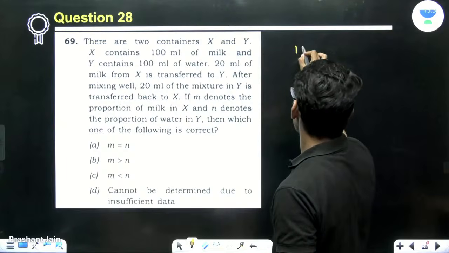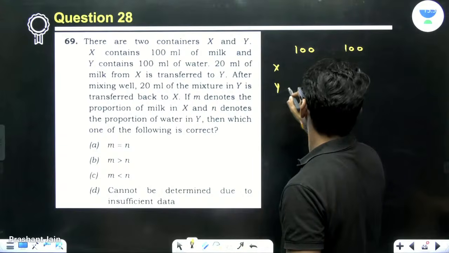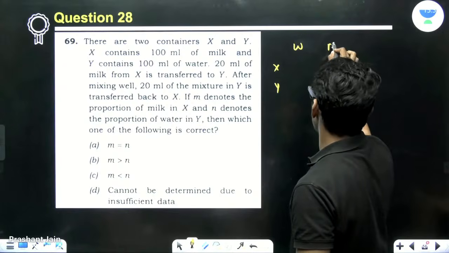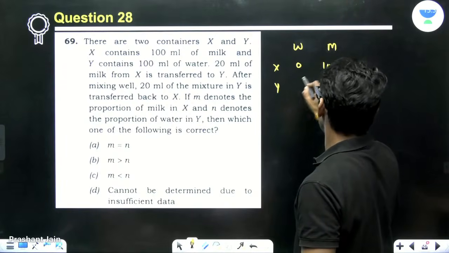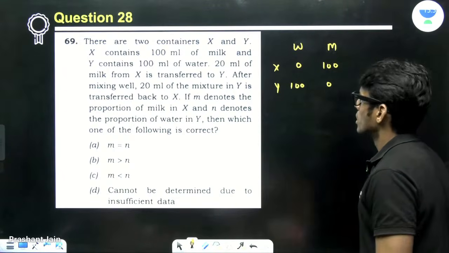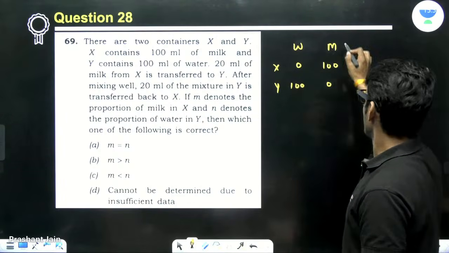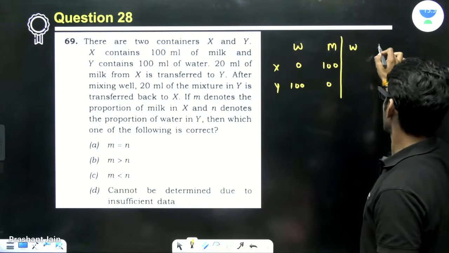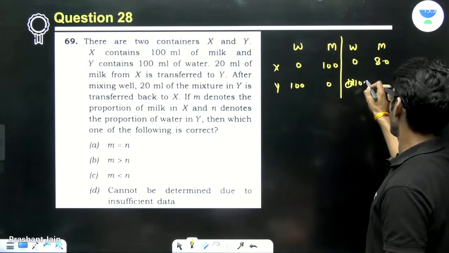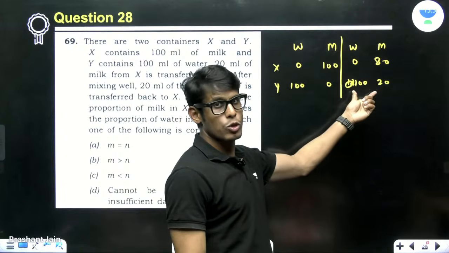So originally we had 100. This was water, this was milk: 0, 100, 100, 0. 20 ml of milk is transferred here. So the next scenario is 120, 100 and 20. Can you see here that water and milk are in the ratio 1:5?